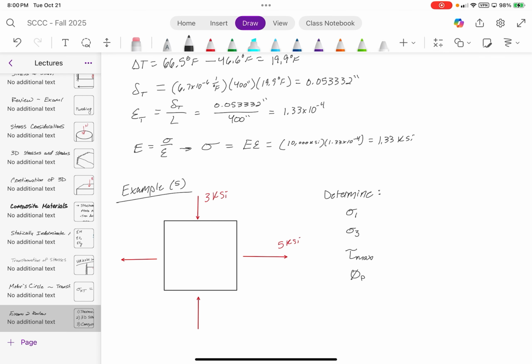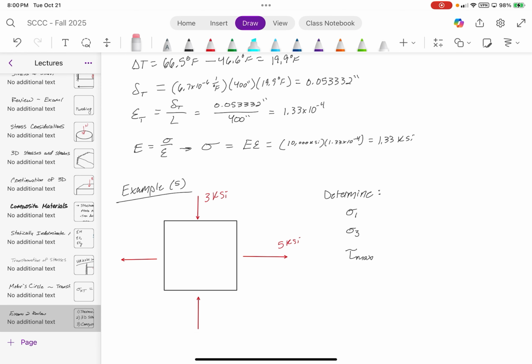You can use the stress transformation equations. You can use the Mohr circle equations if you want to. It's fine. Actually, I'm going to change it.